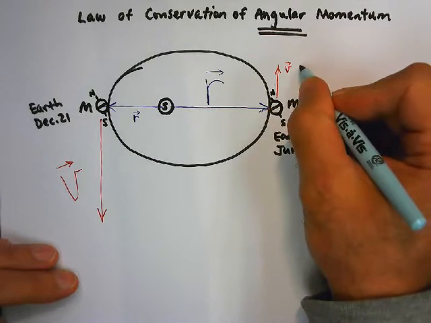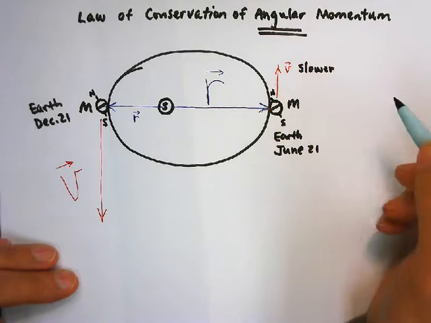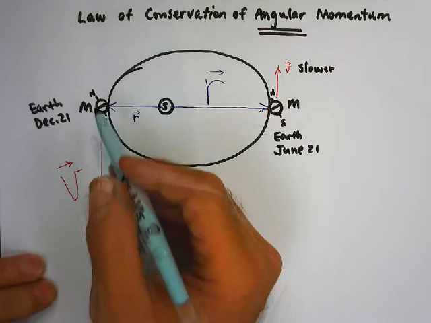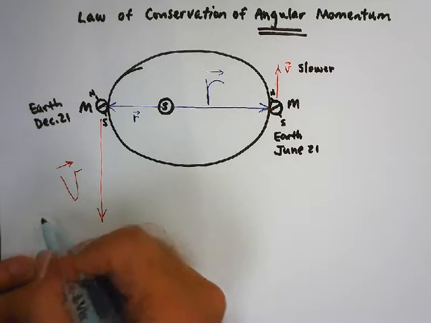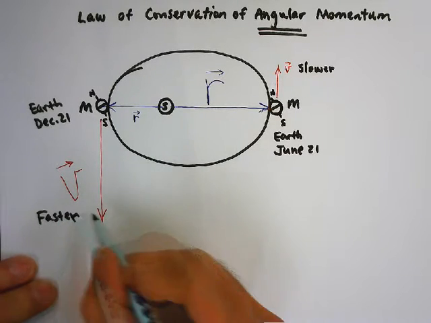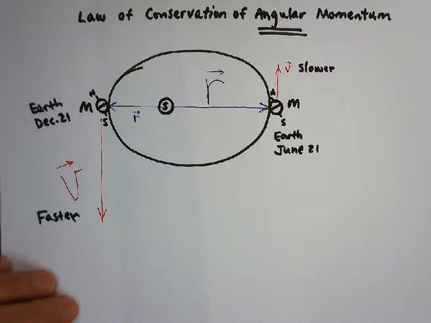So this small v means it's going slower in its orbit, its tangential velocity, whereas on December 21st, the Earth is moving much faster in its orbit. Its translational velocity is much bigger. Why is that? Because of the law of conservation of angular momentum.